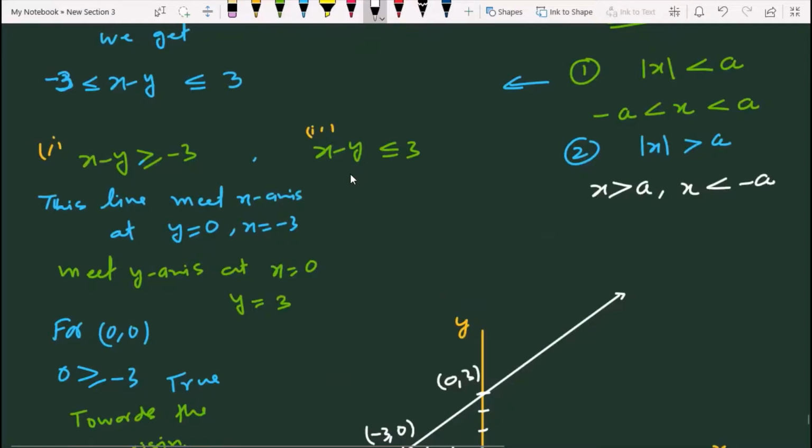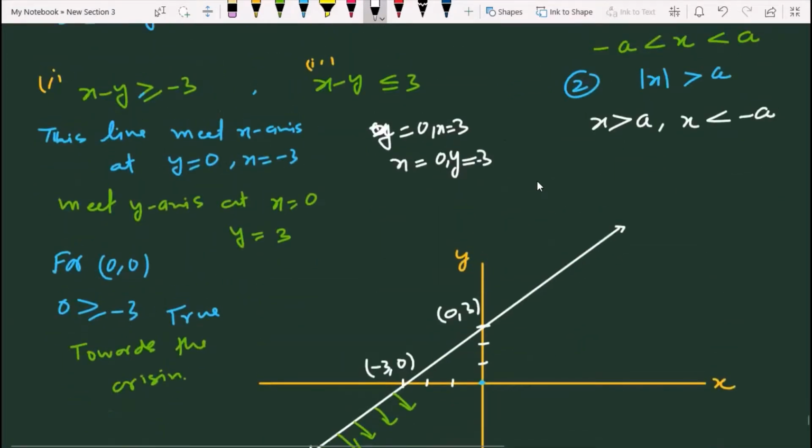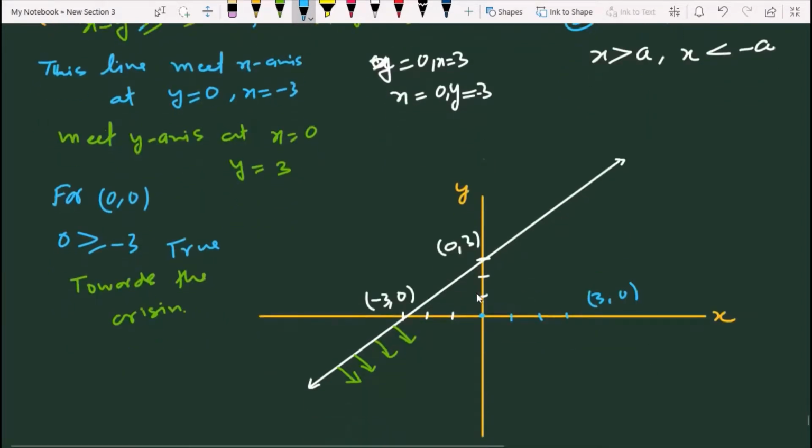this line meets the x-axis at y equals 0, x equals 3, and x equals 0, y equals minus 3. ये वाले दोनों पॉइंट भी ले लेते हैं, 1 2 3 and 1 2 3.